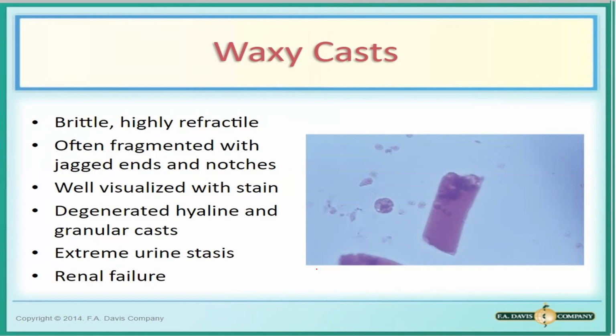Degenerated hyaline and granular cast due to extreme urine stasis indicating renal failure. Hanggang granular cast lang po ang normal because of strenuous exercise. Waxy cast po, makikita mo lang to sa in cases of renal failure. Okay? Other associated conditions, amyloidosis, advanced nephritis.